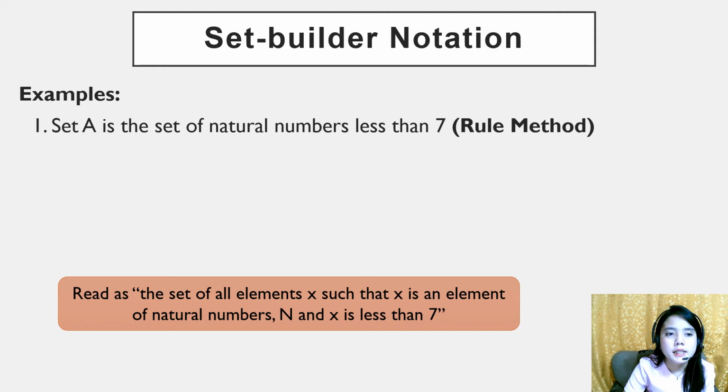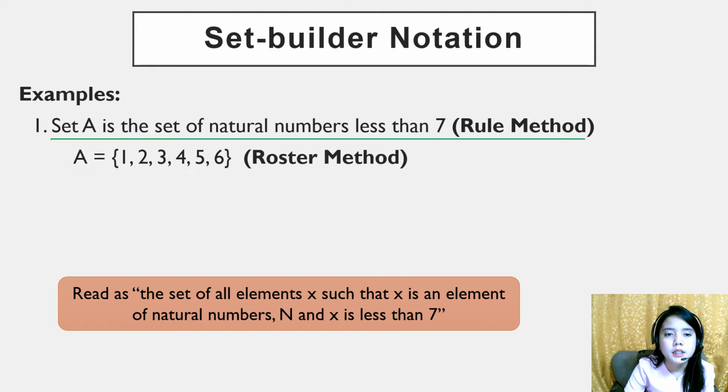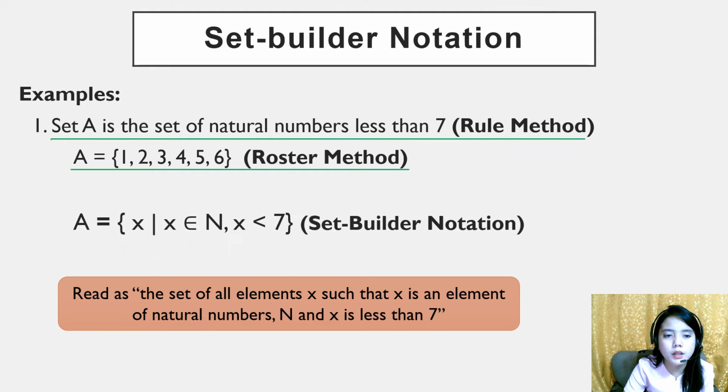Number 1. Set A is the set of natural numbers less than 7. Kaganina na siya rule method. Then for the roster method, mao ni siya. But for the set builder notation, we have this one. Okay? This is read as the set of all elements x such that x is an element of natural numbers N and x is less than 7.